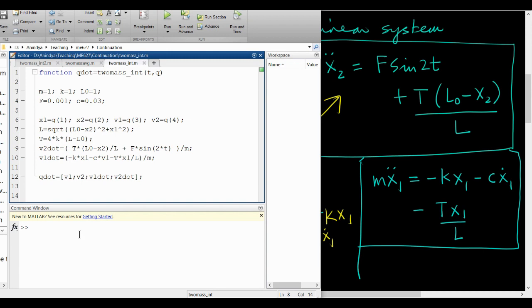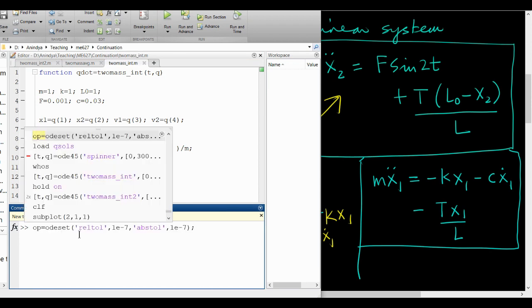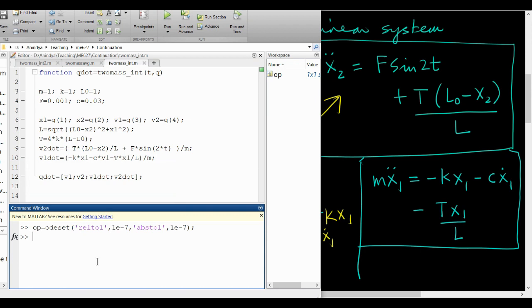The first thing to show you is a numerical solution. Okay, so what I will do is I will say q0 is equal to rand 41 by 10. I'll use a small initial condition.